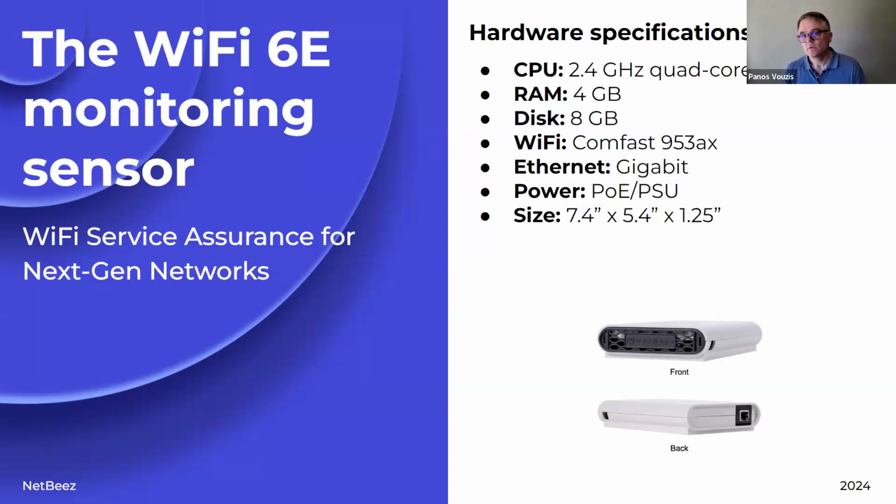Apart from using the gigabit Ethernet for connectivity with the dashboard and the server, you can also use it to run static tests on the wired interface. So with a Wi-Fi sensor, you have the ability to measure and monitor both your Wi-Fi and your wired network. It can be powered by PoE and PSU, and the dimensions are these, as you can see.